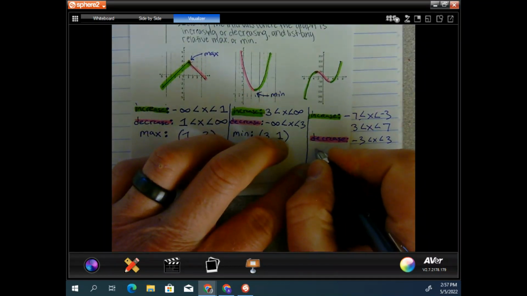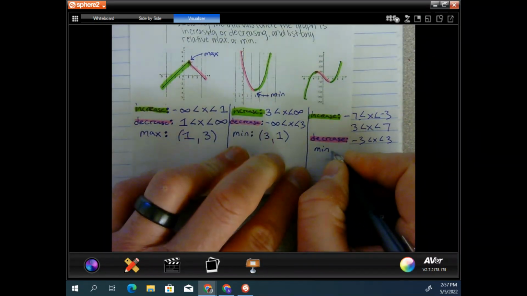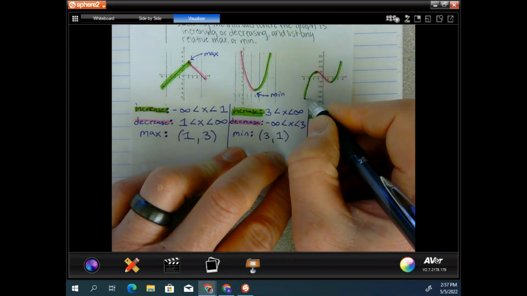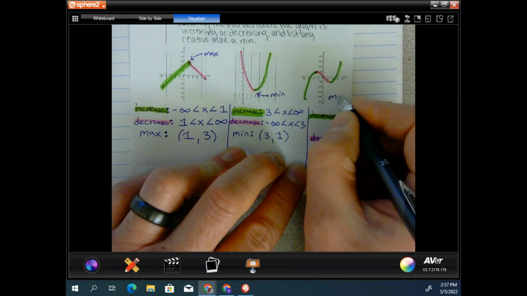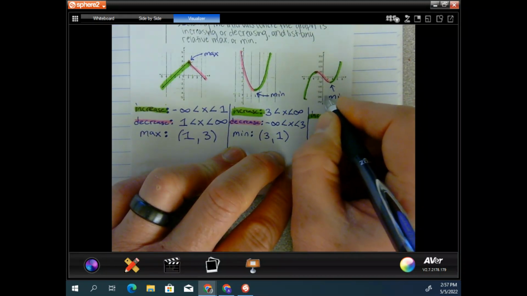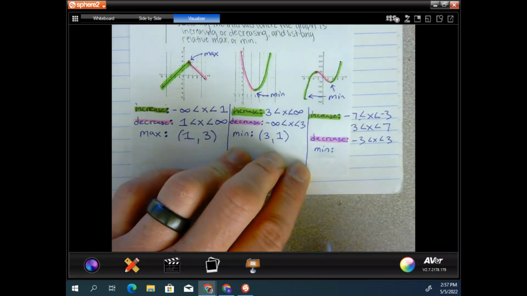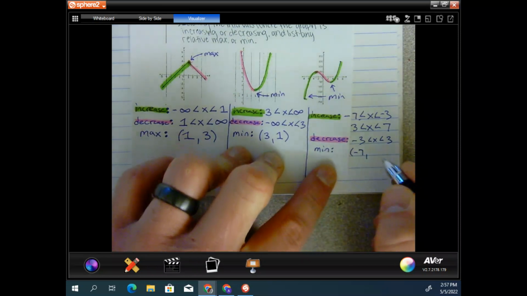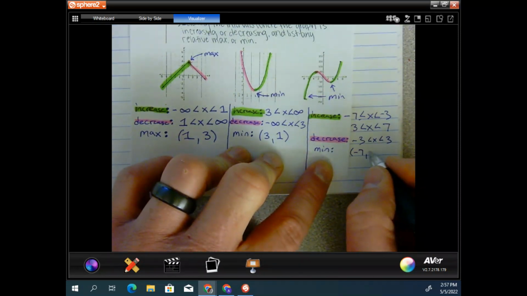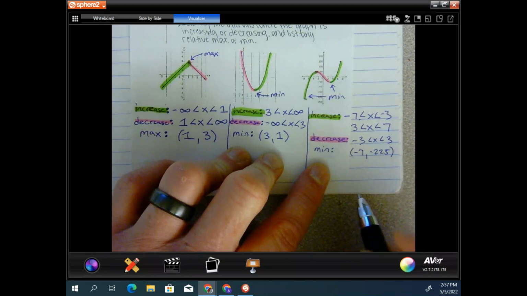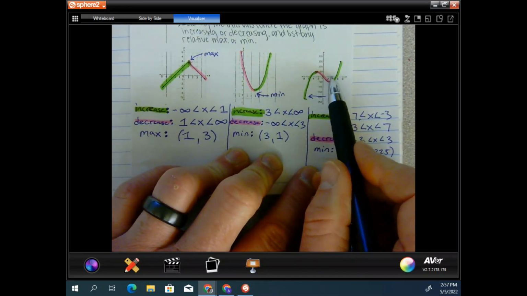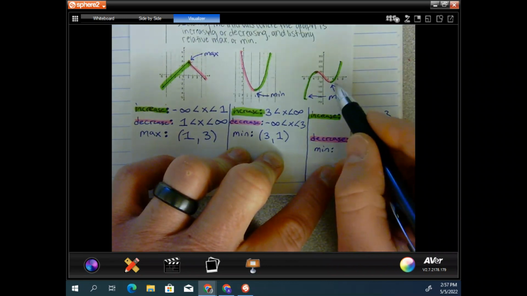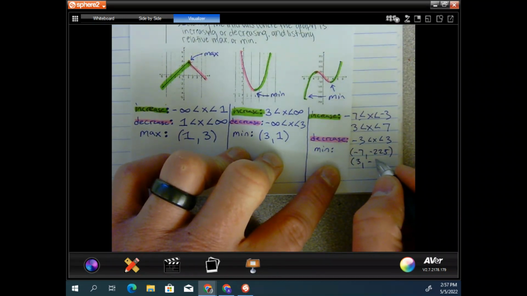This one has 2 minimums. We have a minimum right here, and we have a minimum right here. I'll draw an arrow to both those spots. This point is -7, -225. And I have another minimum right here, which is at +3 and -50.